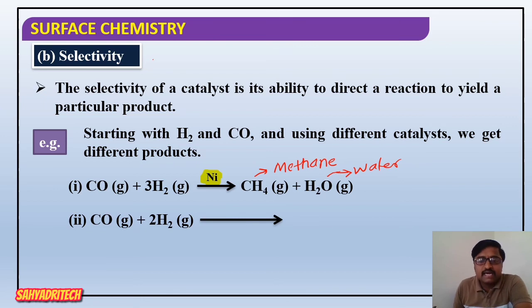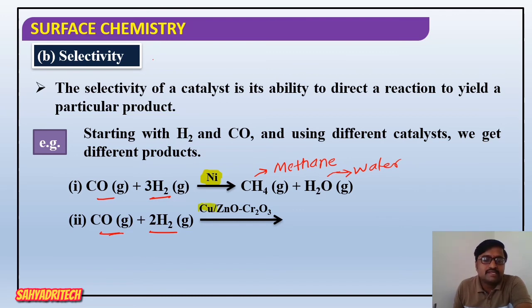If I analyze the second example, what are the reactant molecules? Carbon monoxide and hydrogen. So reactants are again the same. Now, just analyze the catalyst used here. What is the catalyst?